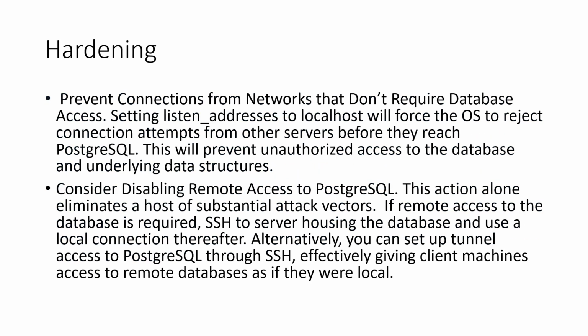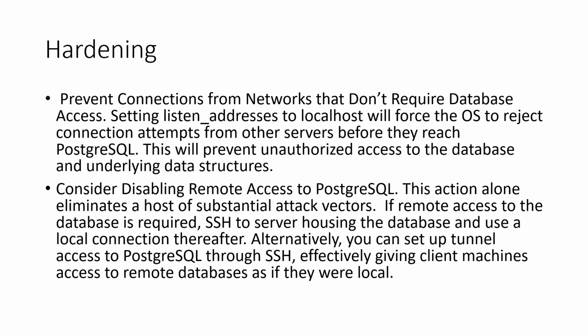So these are the hardening tips that we're going to go over. The first hardening tip I would recommend for PostgreSQL is to prevent connections from networks that don't require database access. This is kind of self-explanatory. If it's not required, you don't want others to have any type of access to it.